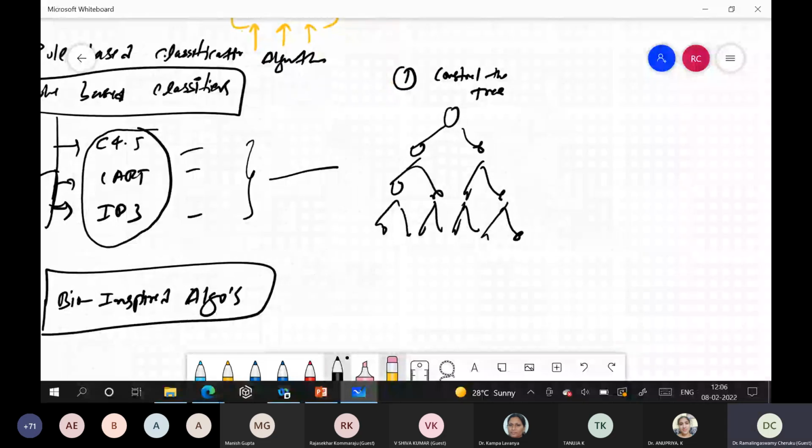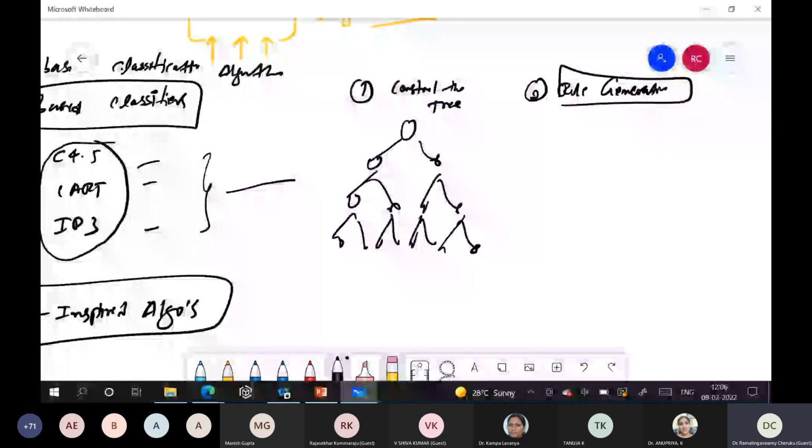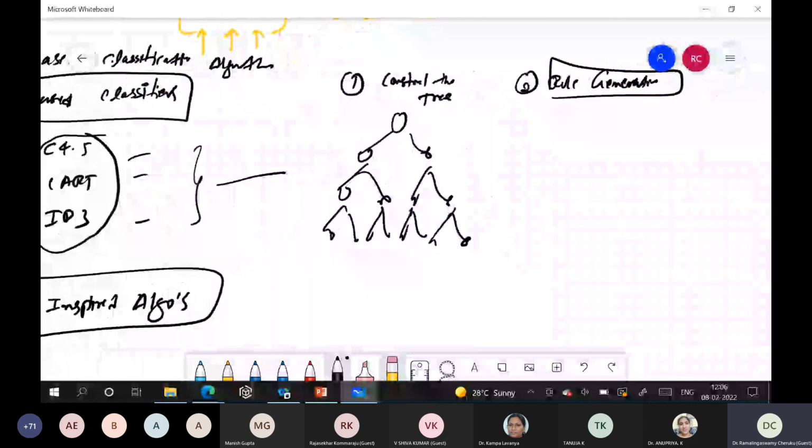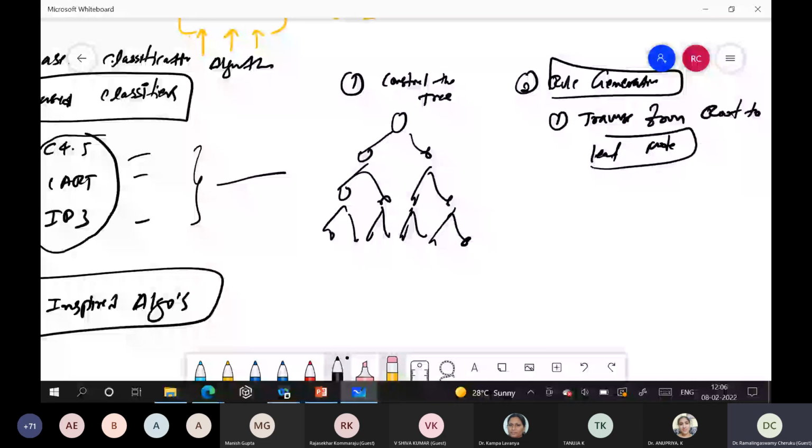The second step is the rule generation. How will the rules be generated? Traverse from the root to the leaf node. So just traverse from the root to the leaf node.